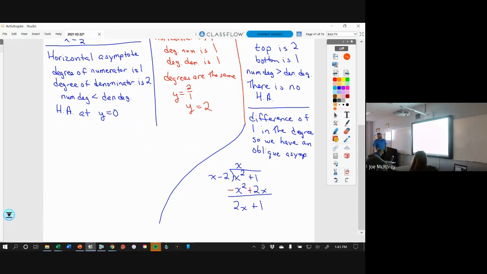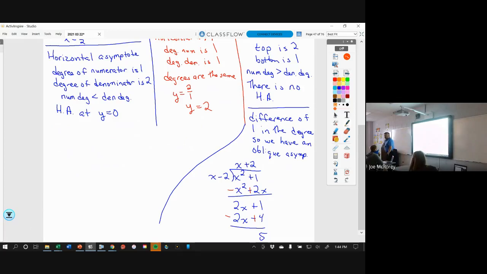X times what is 2x? A plus 2. I'll take that plus 2 and multiply it by x minus 2. 2 times x is 2x. 2 times negative 2 is negative 4. Change my signs. Combine. And what do we get? You get 5. Does x go into 5?